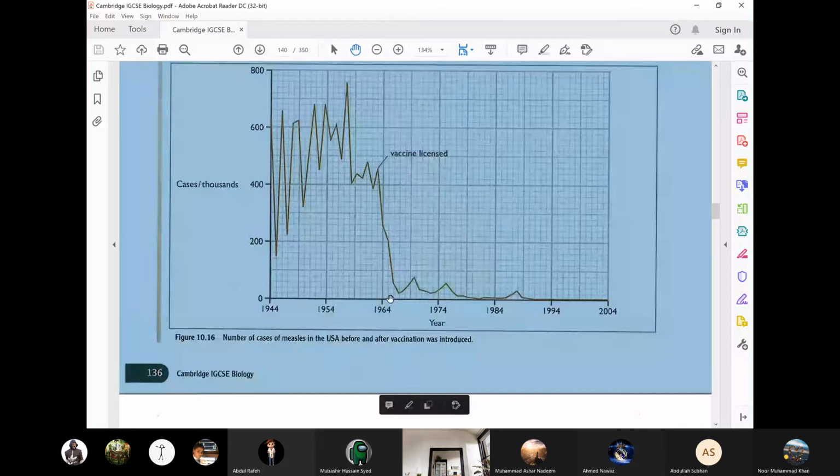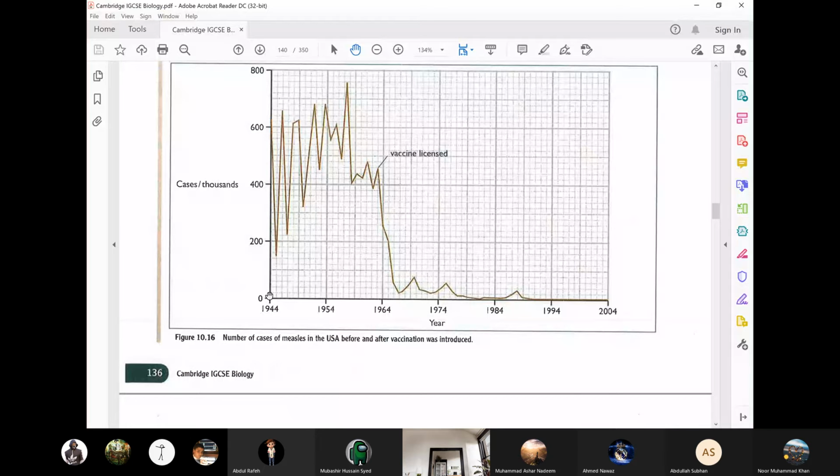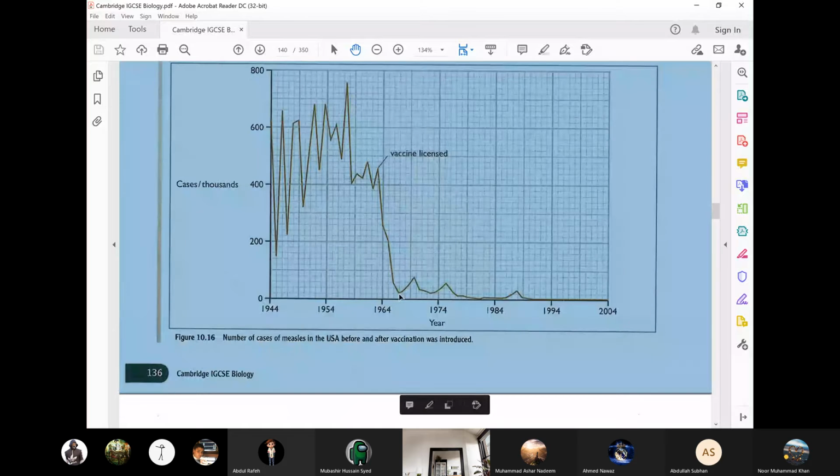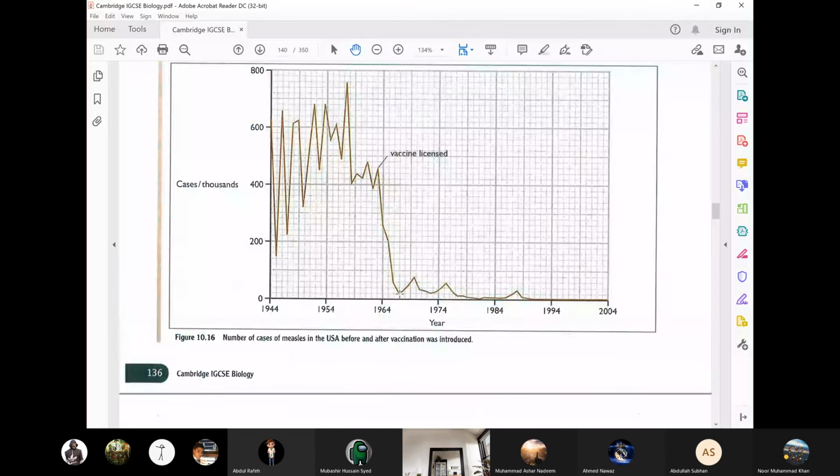And only about how many? About 20,000 cases are left in the United States in 1967. Right, boys?